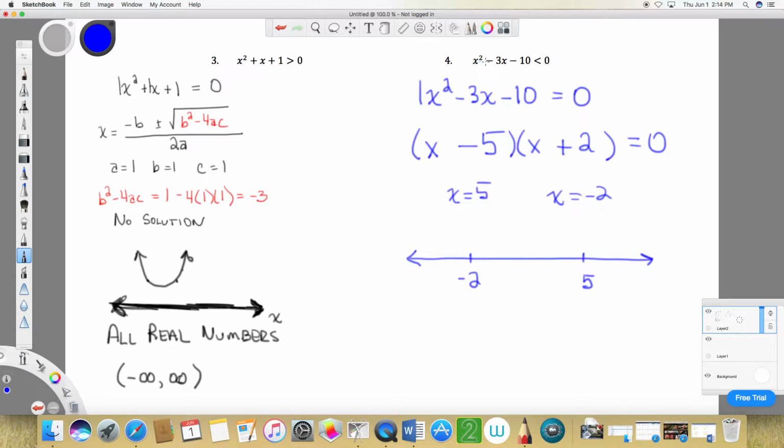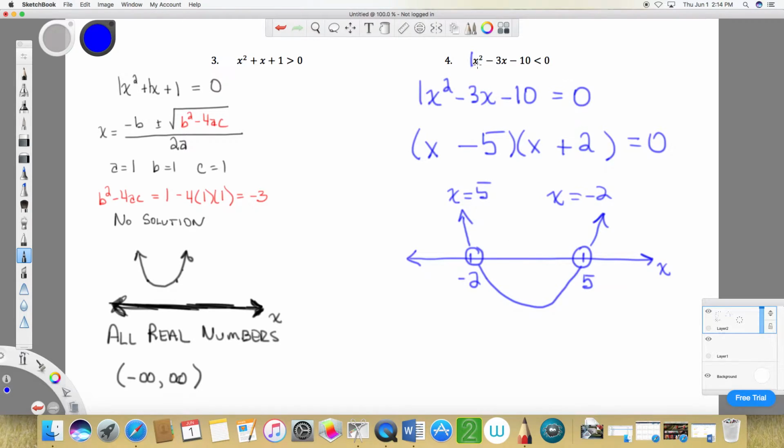If we look up at the original problem, it was strictly less than. So I know that I'm going to leave these as hollow points, and I'm not going to include them in my solution set. If I look at the leading coefficient here in front of this x squared, it's positive, which means that I have a parabola that opens upward. So I know that the graph of this thing on the x-axis has x-intercepts of negative 2 and positive 5.